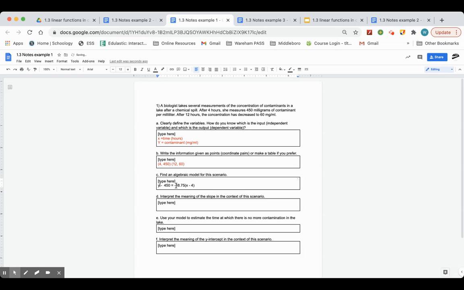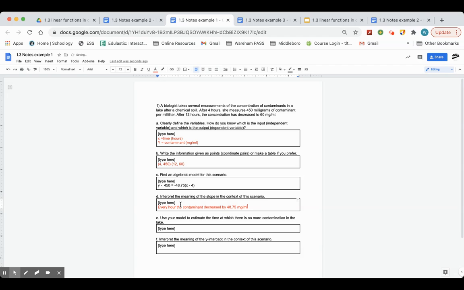All right, so interpret the meaning of the slope in the context of this scenario. So what's happening? Every hour, the contaminant decreases by, and that's just an average, 48.75 milligrams per milliliter.